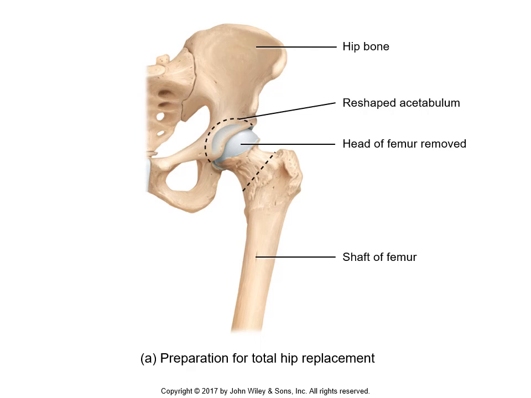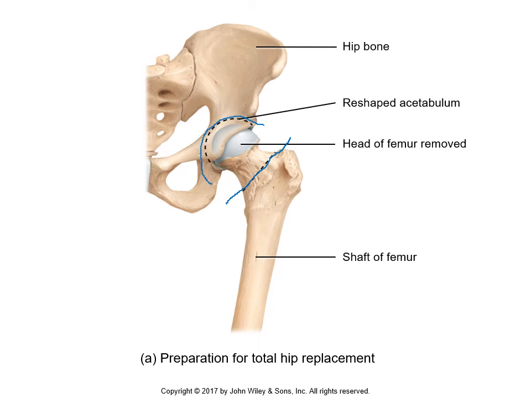Depending on what the issue is, the severity of the arthritis, the severity of the degeneration, that is going to dictate whether or not this person is going to receive some sort of joint replacement.